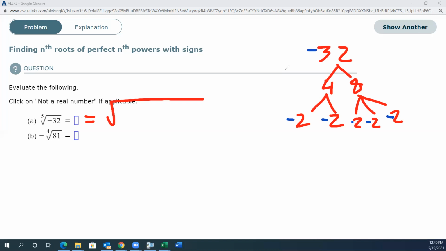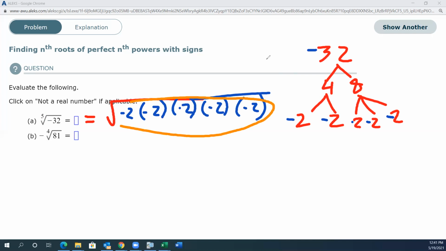So if I have negative 2 times negative 2 times negative 2, negative 2, negative 2, then I can say, hey, I'm looking for 5 of a kind. I see 5 things that are the same. So I can pull that out, and because I grabbed everything out of the radical, there's nothing left over, so the final answer is just negative 2.